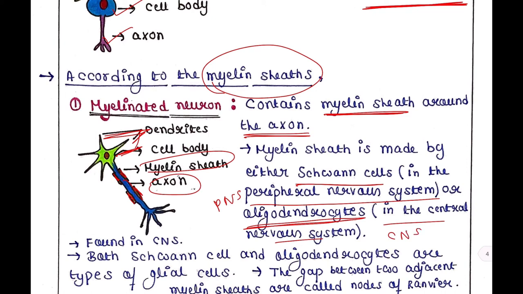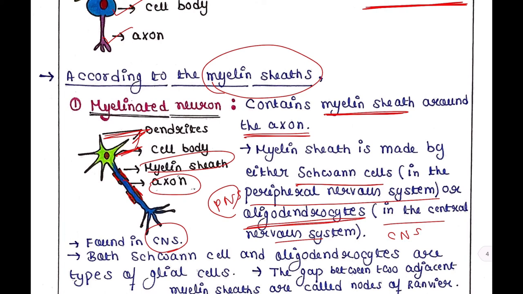For neurons in the CNS, the myelin sheath is made by oligodendrocytes, and for neurons in the PNS, it is formed by Schwann cells. Myelinated neurons are mainly found in the CNS, although in the PNS you will also get some myelinated neurons.